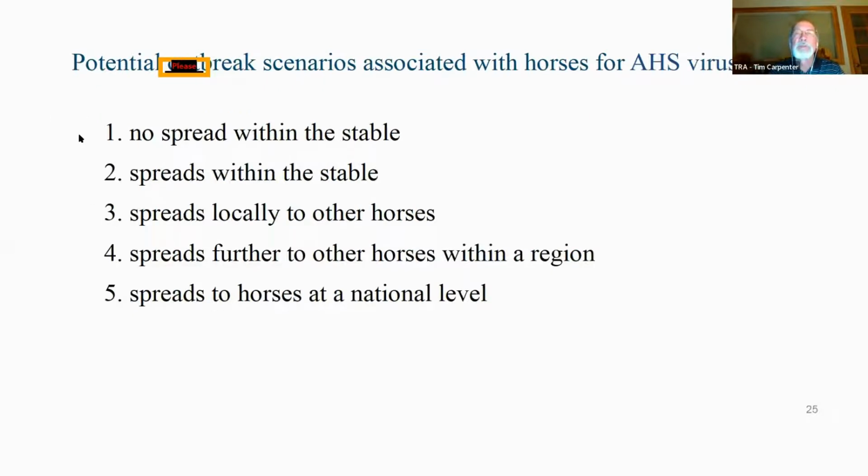Again, the levels at which spread might occur are: it'll stay within the stable, a single horse within the stable, spread to multiple horses within the stable, in which case the likelihood of spreading outside would be greater, to other horses in the locality, or whatever the veterinarian's clientele may include. Could be on a regional level, and ultimately could be on a national level, and we'll have to assess the consequences of each of those events occurring.